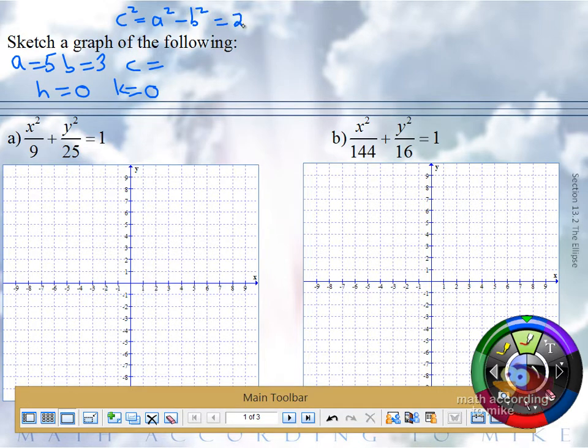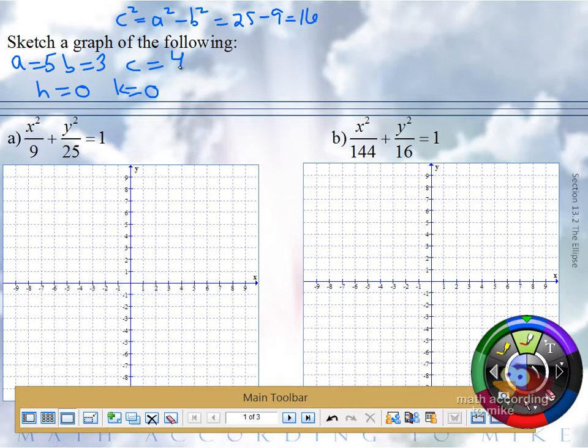So that's 25 minus 9 is 16. If C squared equals 16, what does C equal? 4. Will they always be integers? No. We're starting off nice.